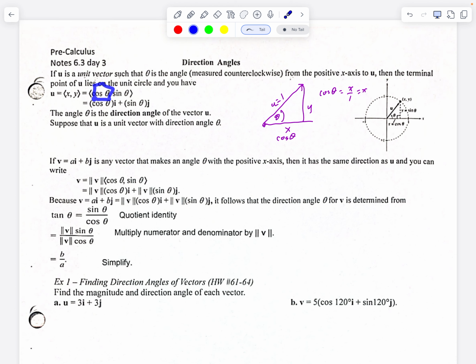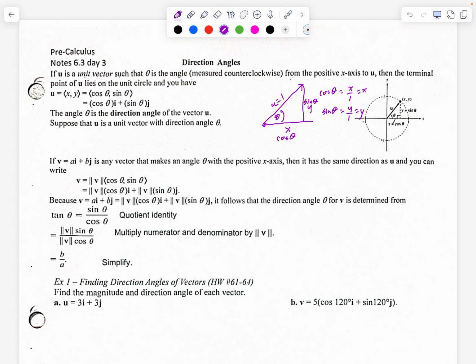That's the value of it, that's the length of it. And then the sine of theta would be y over 1 because it's the unit vector, and y is the sine of theta. So we have a triangle where the horizontal component is the cosine of the angle and the vertical component is the sine of the angle.